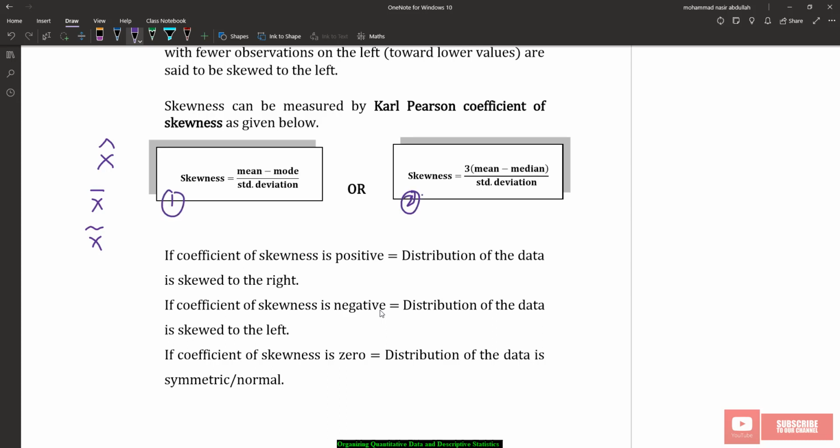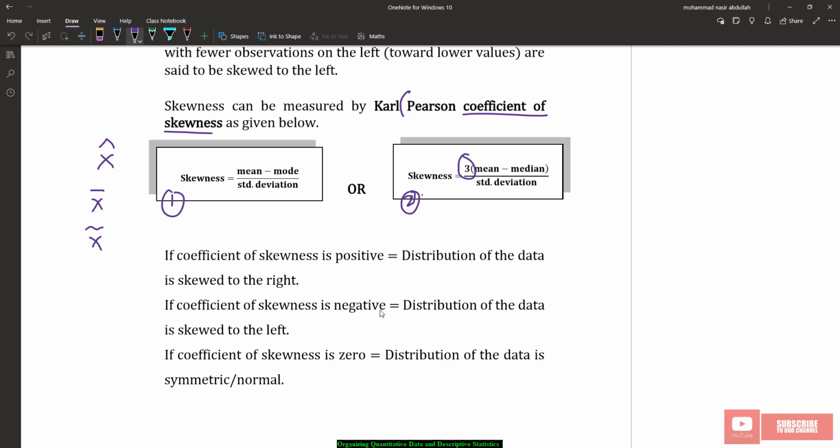If you are using the first formula, it is mean minus mode divided by standard deviation. For the second formula, mean minus median multiplied by 3, right? Divided by standard deviation. Either one you can use. This value of skewness, or what we call the coefficient of skewness, ataupun Pearson coefficient of skewness, was developed by Karl Pearson. Right?